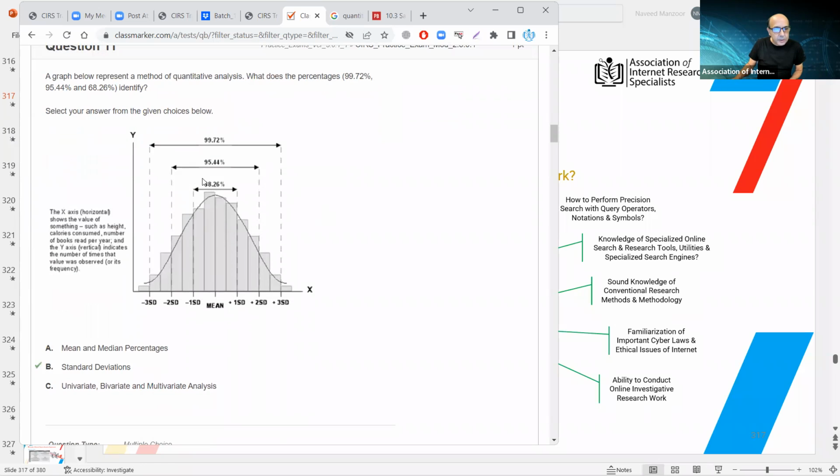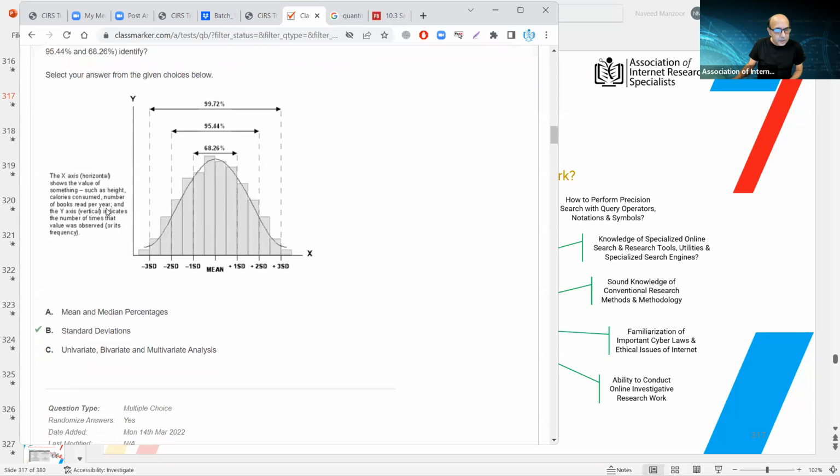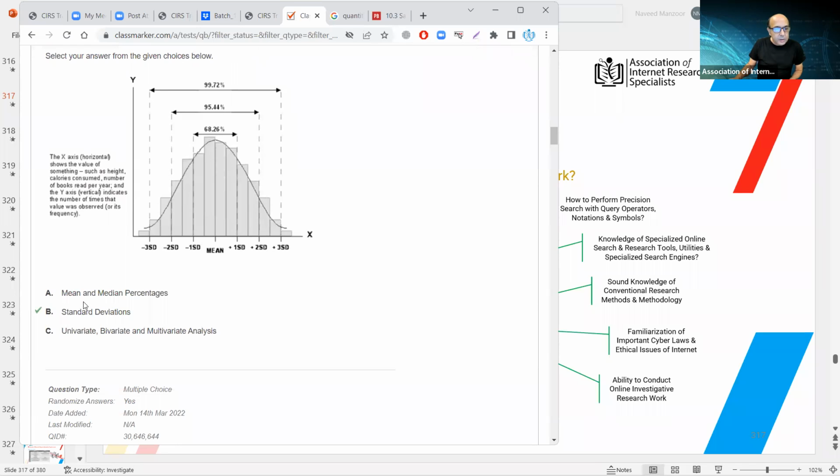One of them is, as you could see right here, it says, a graph below represents a method of quantitative analysis. What does the percentage 95 identify? And then look at the selection of answers or multiple choice. You've got three choices.